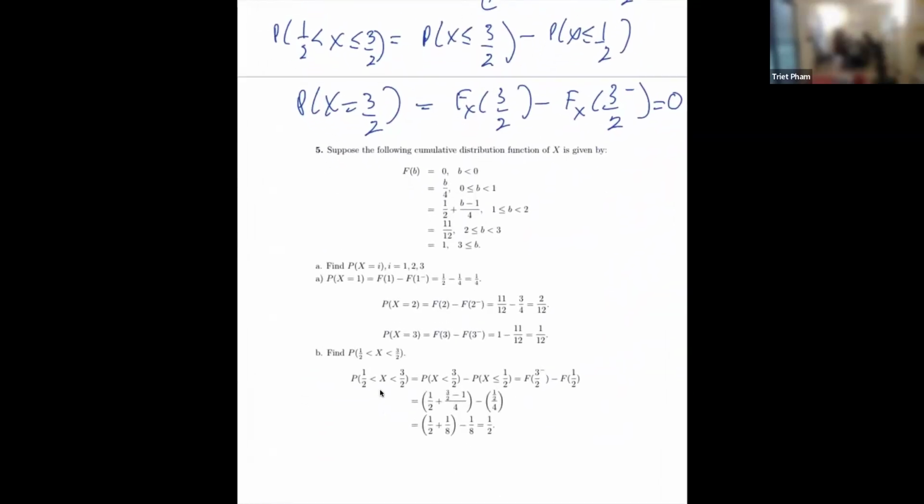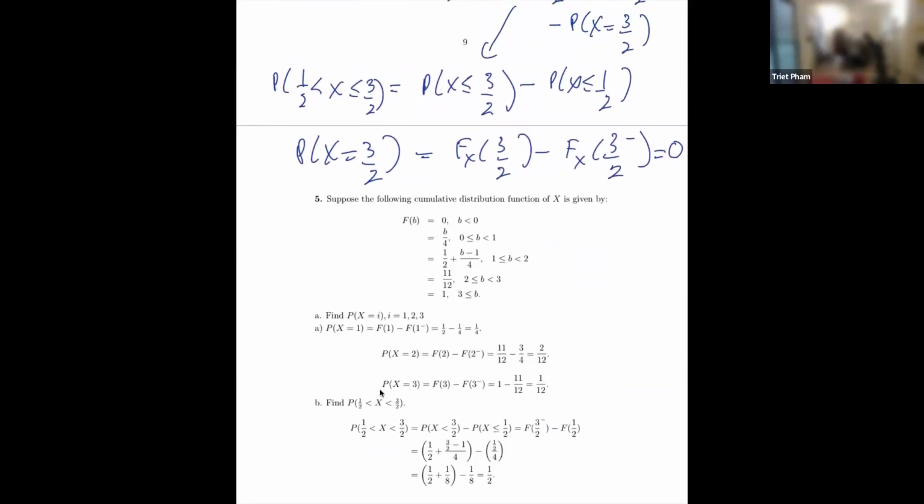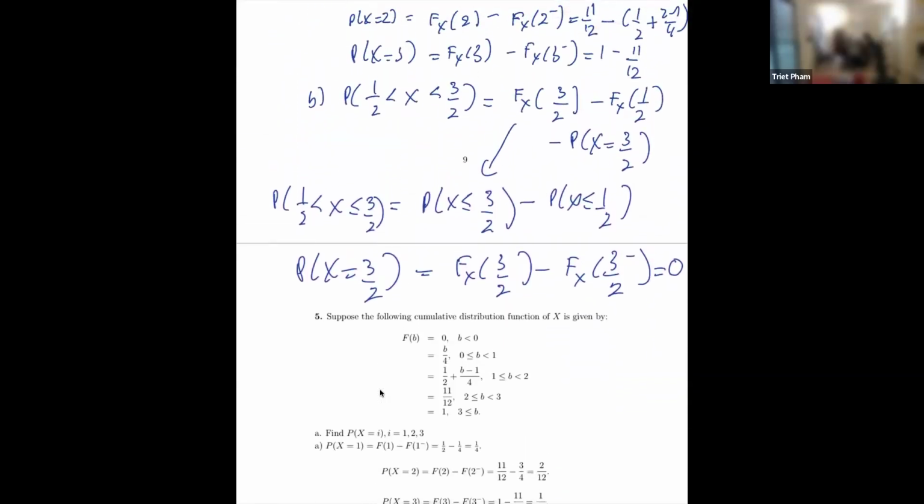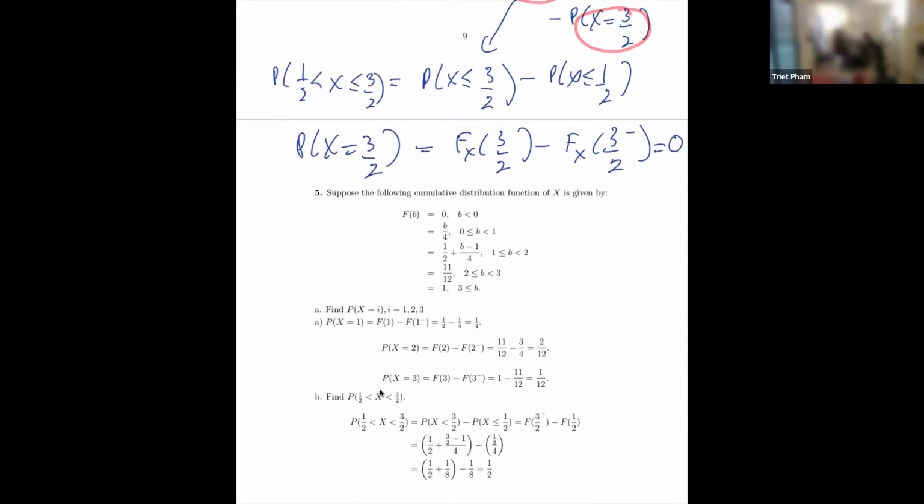Alternatively, instead of subtracting 3/2 like this, you could do f of 3/2 minus, which will have the same effect, because f of 3/2 minus is exactly probability X less than 3/2. So this is perfect.